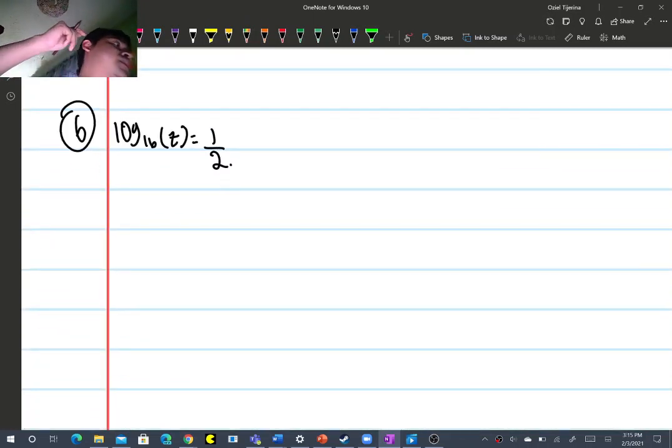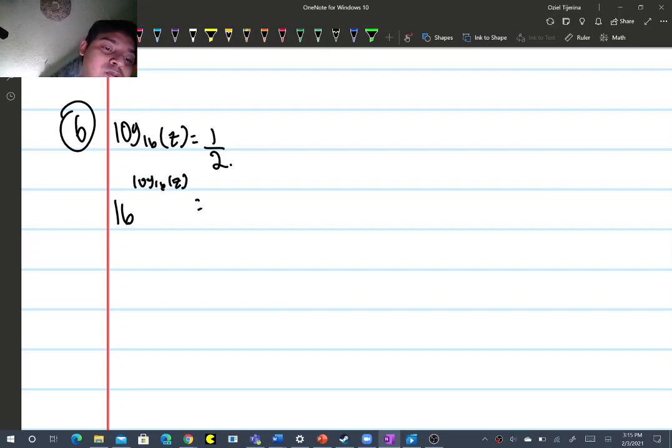We have log base 16 of z equals 1/2. So again, you want to go ahead and put 16 to the log base 16 of z equals 16 to the 1/2. Whatever number is on this side, you're going to take the power of that, and you're going to put it to the power of the log base 16 of z, because you want to get rid of your log.